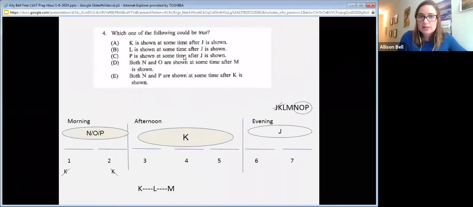Now we're going to take a look at an example of a could be true question. Same diagram, same game, just a different question.